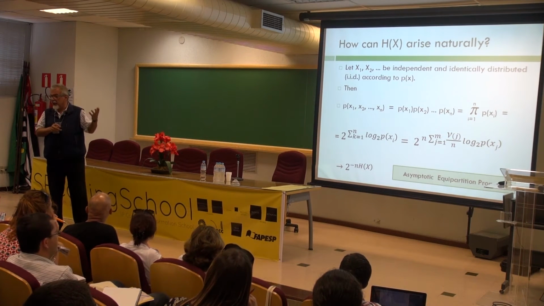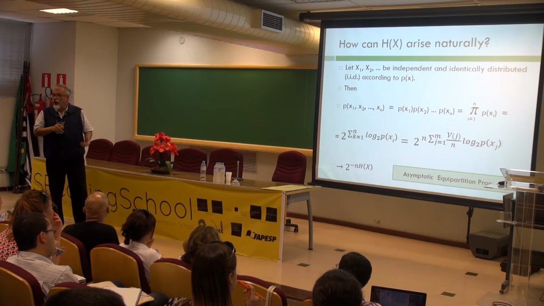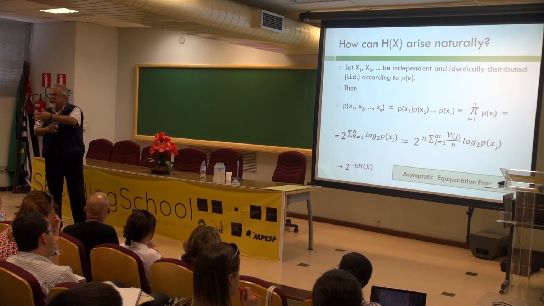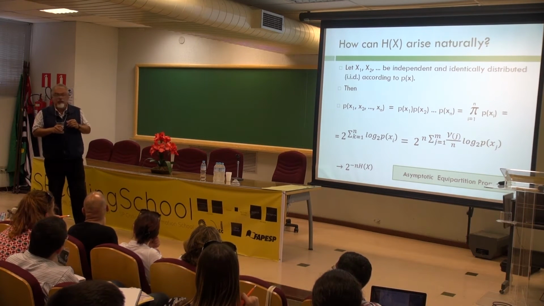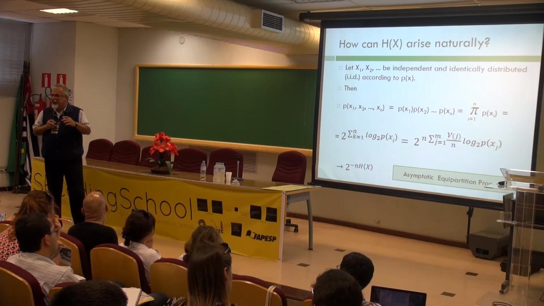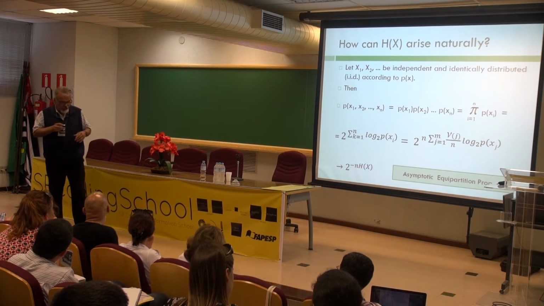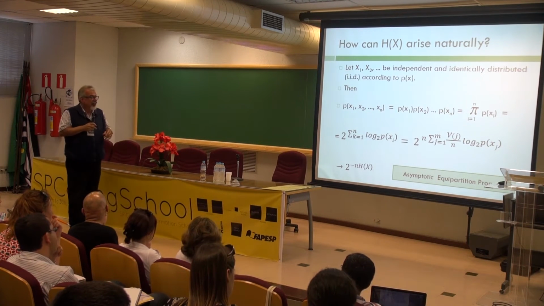The alphabet, say, of the random variable. So, by the law of large numbers, and there are two versions of that, the strong law of large numbers and the weak law of large numbers, this will converge to something. It's a probabilistic convergence, so we have to be a little bit careful, because it's not the same convergence that we have in regular analysis.